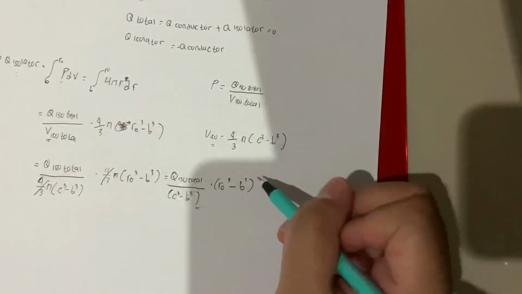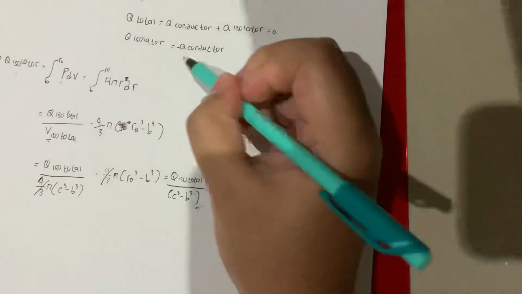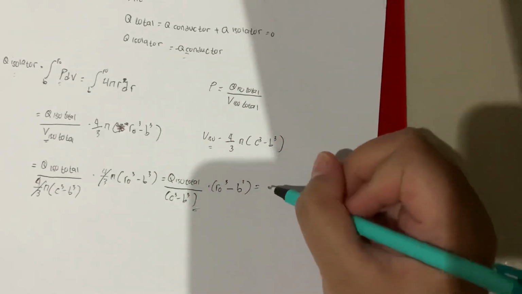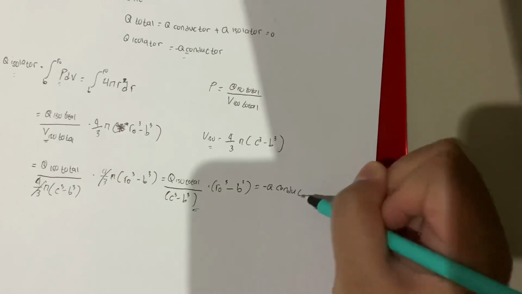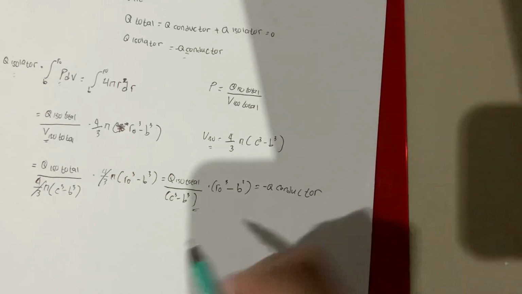So basically we know this is the Q isolator equation, and based on the earlier result, the Q isolator is equal to minus Q conductor.